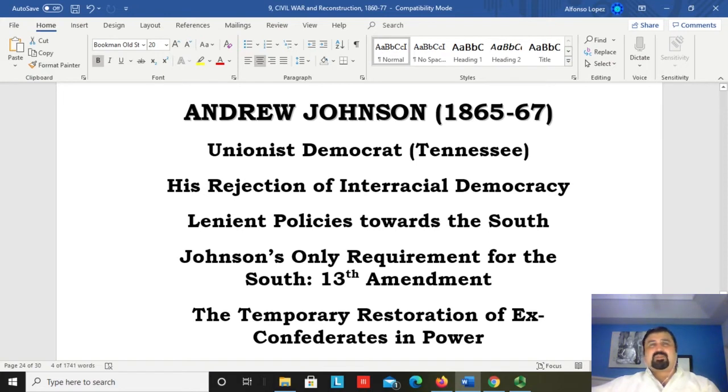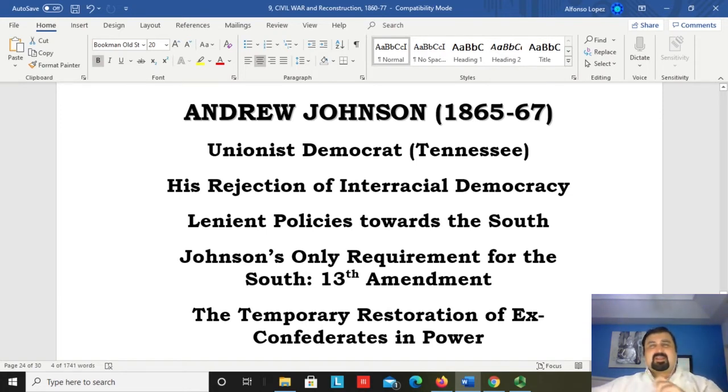Now, what we need to know about Andrew Johnson is that when Lincoln ran for re-election in 1864, he picked Johnson very strategically because he was from the South. He was from Tennessee, by the way. Lincoln wanted to pick a Southerner as his running mate for VP because he wanted to build a bridge with the South, saying, look, this is not just a war between the North and the South.